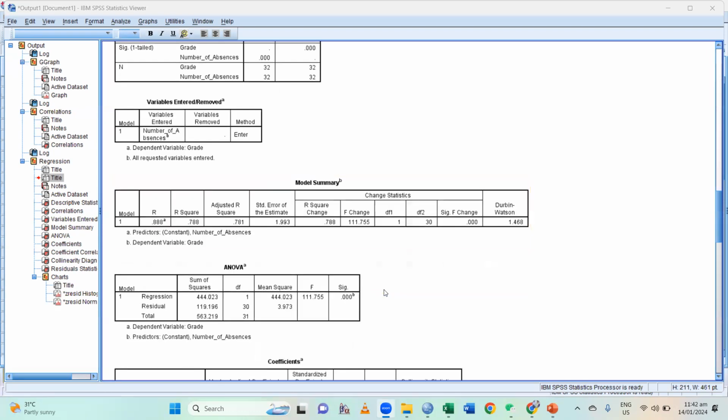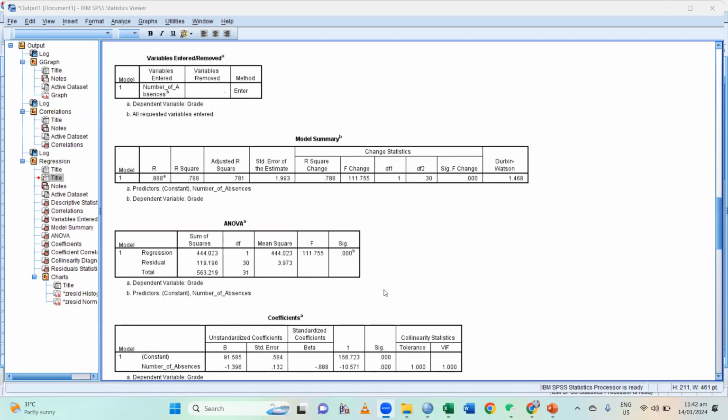And what else? So this is your F for your ANOVA. You see it's significant. The sig here is significant because it's less than 0.000, meaning to say the model that you could derive has a good fit to your data.